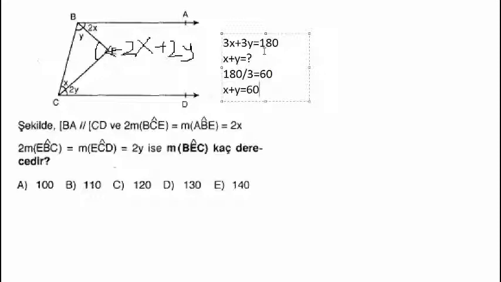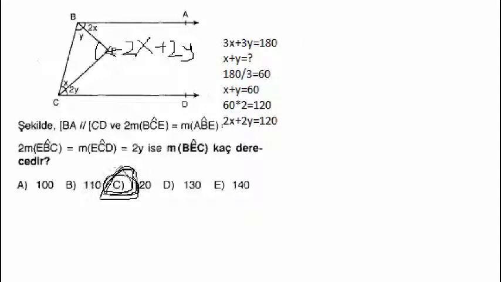Now the answer of angle E in terms of x and y is 2x plus 2y. So we multiply 60 by 2. So angle E equals 120, which is the C section. So our answer is 120.